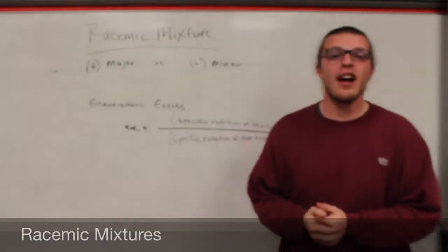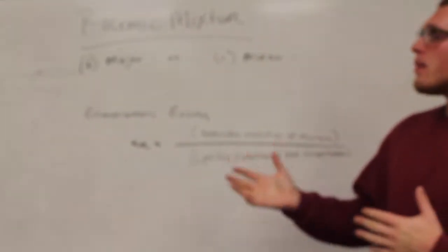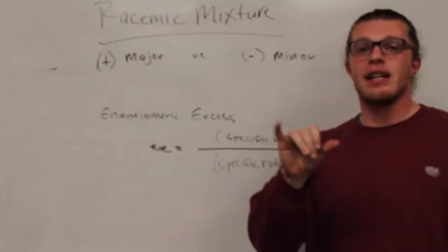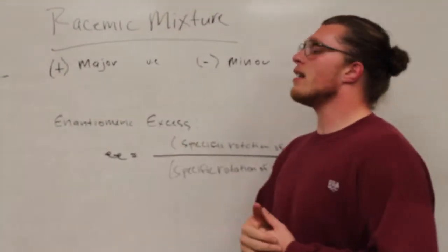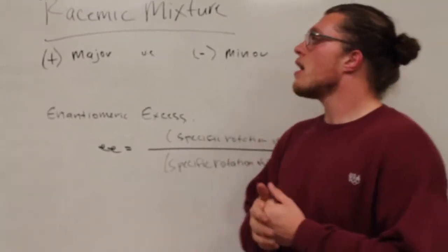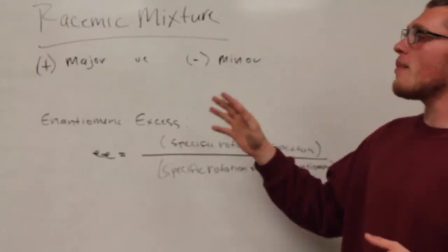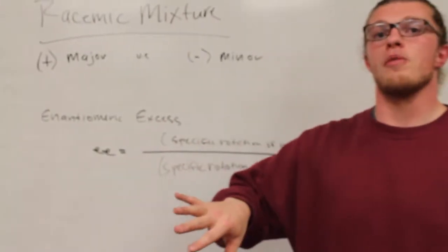So the last thing we need to talk about here from this chapter is this idea of racemic mixtures. So like we said a minute ago, each pair of enantiomers is going to work in different ways in the plane of polarized light. You're going to have one that rotates clockwise and one that rotates counterclockwise. So when we differentiate between those 2, we can deem one of those major and one of those minor, and that's how we tell the 2 apart.